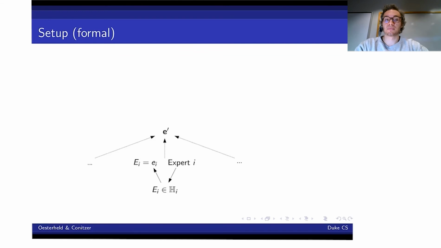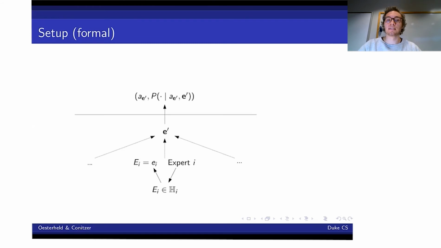And now, of course, all of the experts simultaneously make this choice. So there's some sort of aggregate evidence, and this is then translated into an aggregated report to the principal. So the principal now sees the optimal action given the evidence that was reported by the experts.